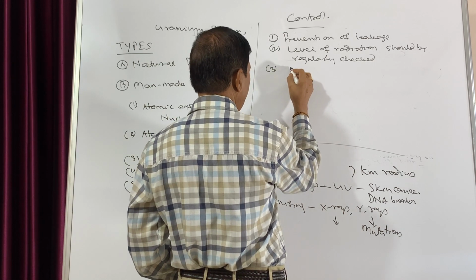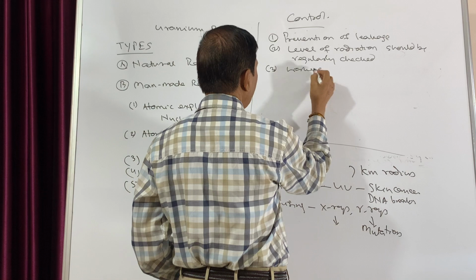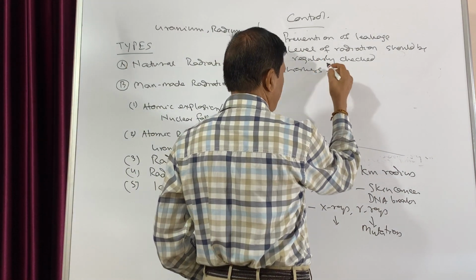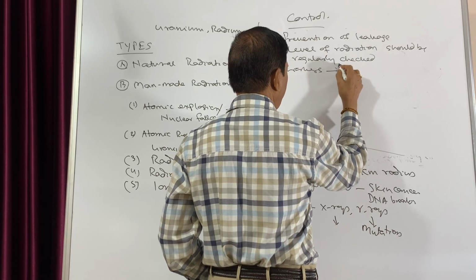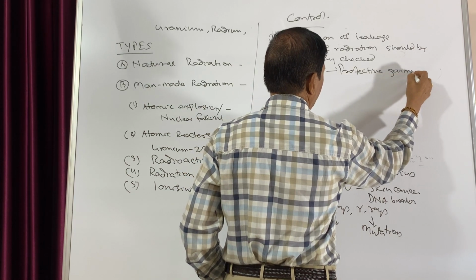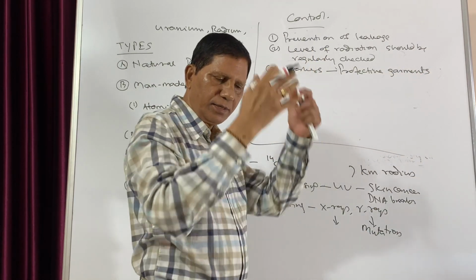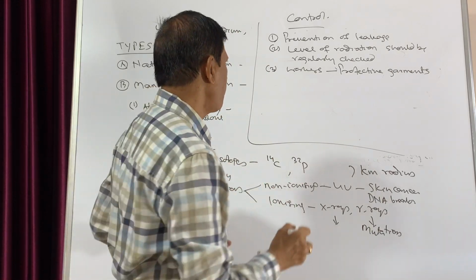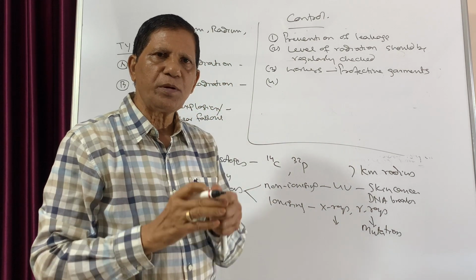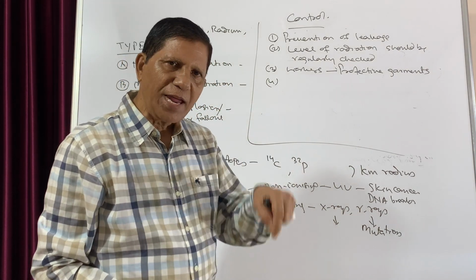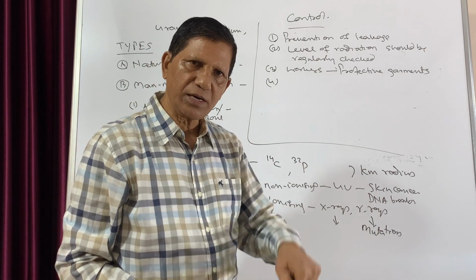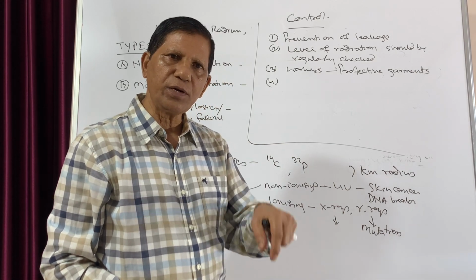The third one is that the workers who are working on these different types of reactors should be protected. They should have protective garments, along with protection for the head. And the fourth important thing is the radioactive waste should be buried 500 meters below the earth's surface, or below certain hills or within the sea.